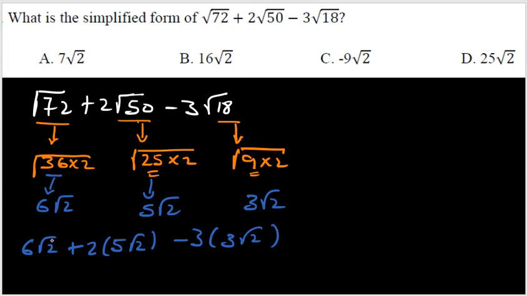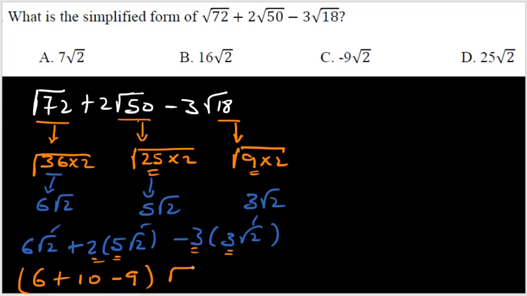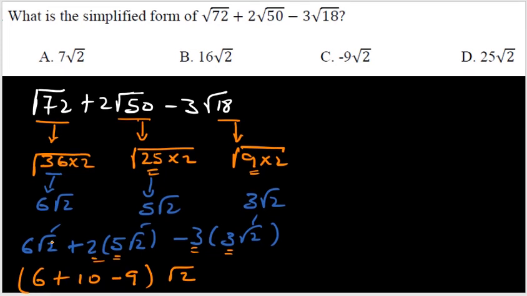Then when we take out the square root of 2 as a common factor for each, what remains? 6 plus 2 times 5 will be 10, minus 3 times 3 will be 9, and the radical 2 is extracted as a common factor, taken out. The square root of 2 from each is here outside.